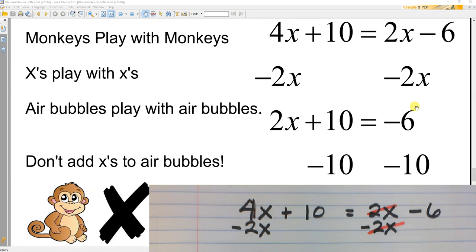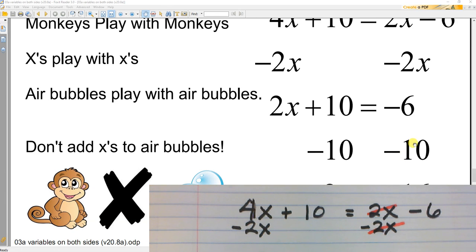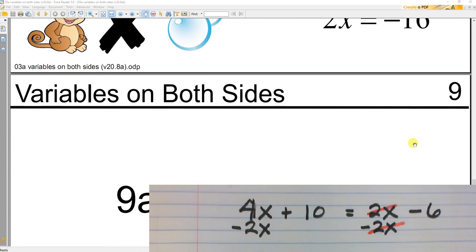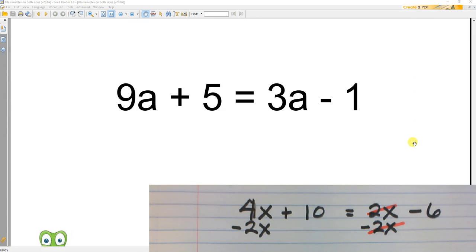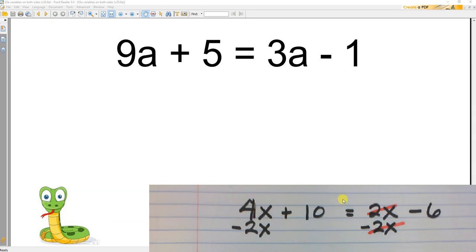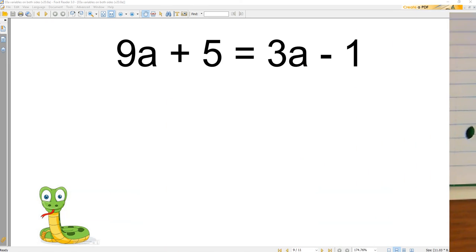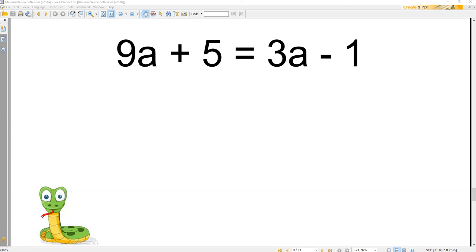Subtracting 2x from both sides, subtracting 10 from both sides, and dividing both sides by 2. Okay, I'm good with the notes for today. The rest of this, if you'd like to practice with me, you can, but it is not required for you to write this in your notes. If we were in class right now, we'd probably be doing this on whiteboards. So I suggest doing it and checking your answers against what I have here.